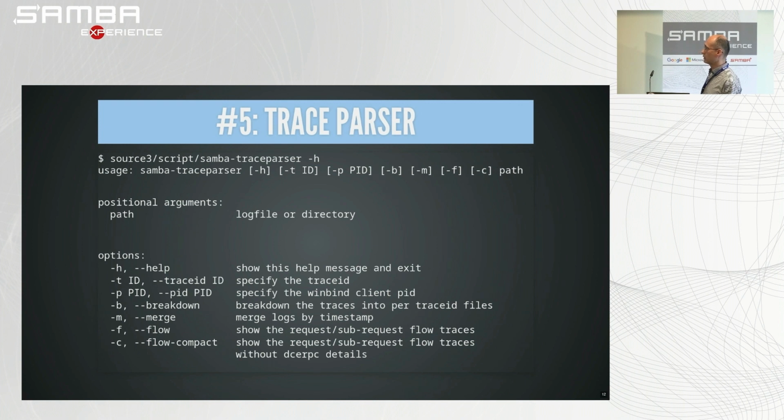Or what I sometimes do is this breakdown, and it means take all the logs and create for each trace ID a separate file, and give me the full traces and also this short version of the flow traces.